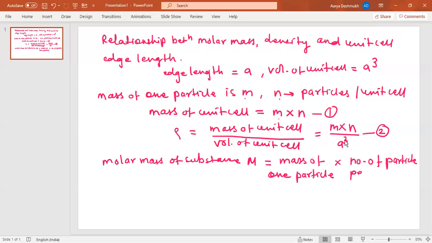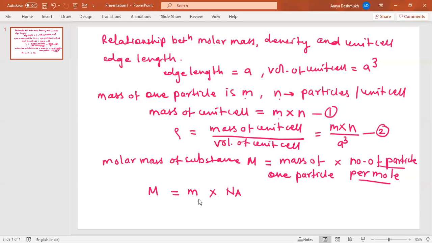The mass of one particle is small m, so capital M equals small m into the number of particles per mole, which is nothing but the Avogadro number, Na.